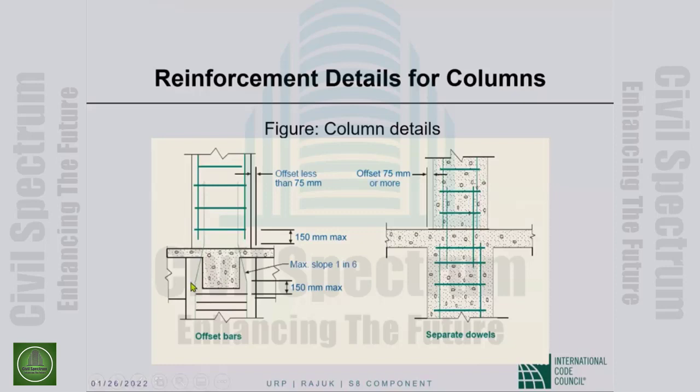So that kind of a bend is allowed, provided the offset is no more than 3 inches. If you decide for that kind of a bend, the maximum slope is 1 in 6.